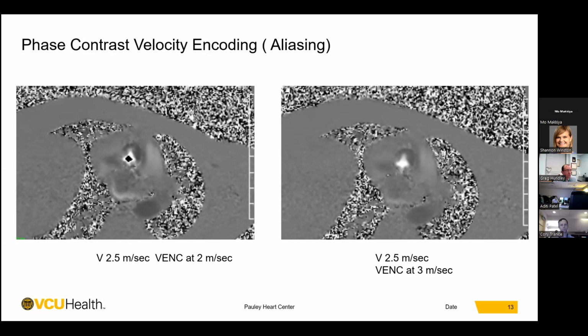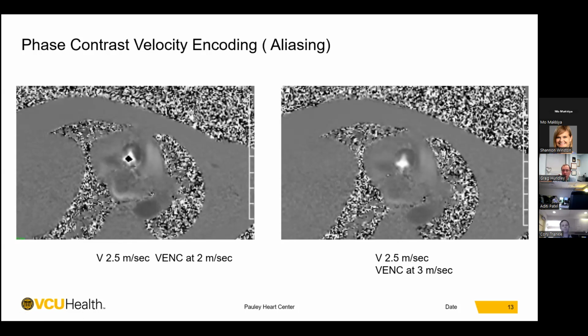So aliasing will look like this: dark flow coming toward you in a sea of white. The solution, or how you troubleshoot that, is to retake your imaging after you increase your VENC, as we did here in the right-side picture.